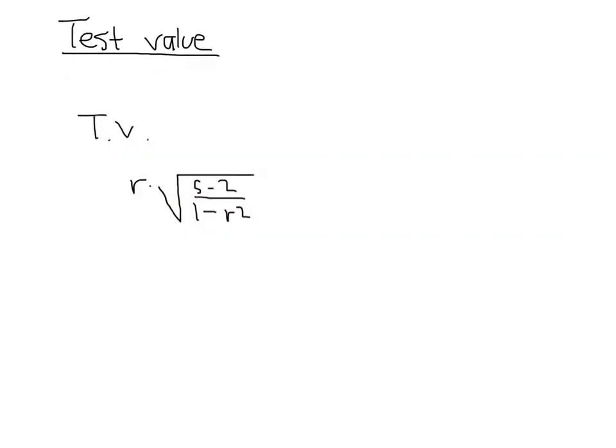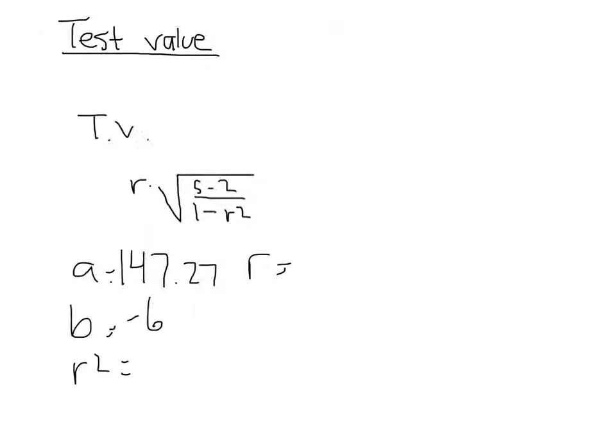Okay, so as you got in the video, you will get A, B, R squared, and R. Okay, the values that I got for these are 147.27 for A. For B, I got negative 69.67.